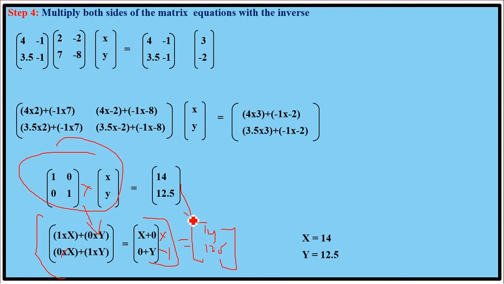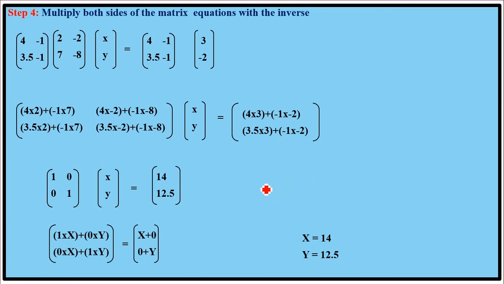That is what we have here, and therefore you end up having x equals 14 and y equals 12.5. And that way you'll have solved the two simultaneous equations using matrices. You're going to get your x as 14 and your y will be 12.5.